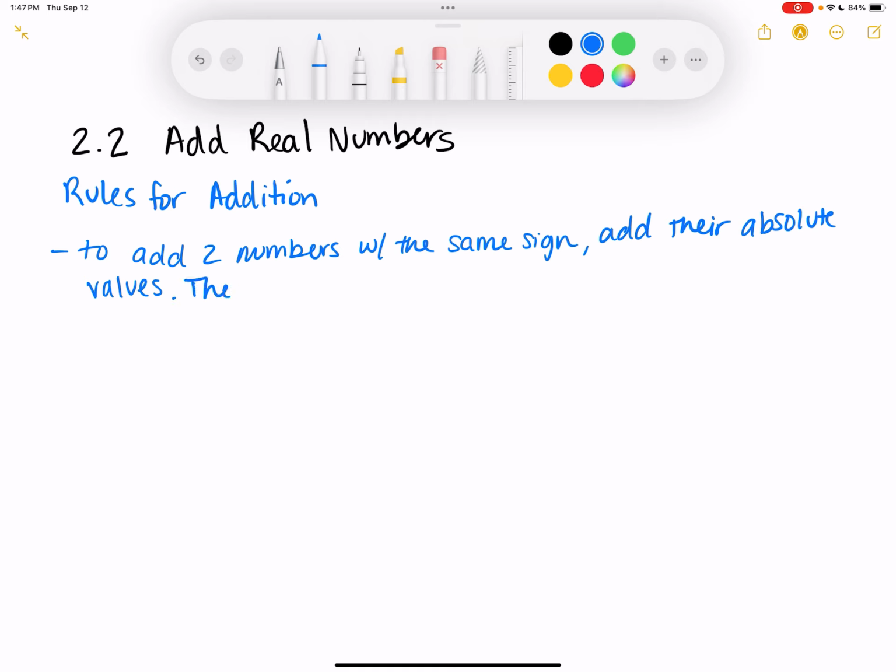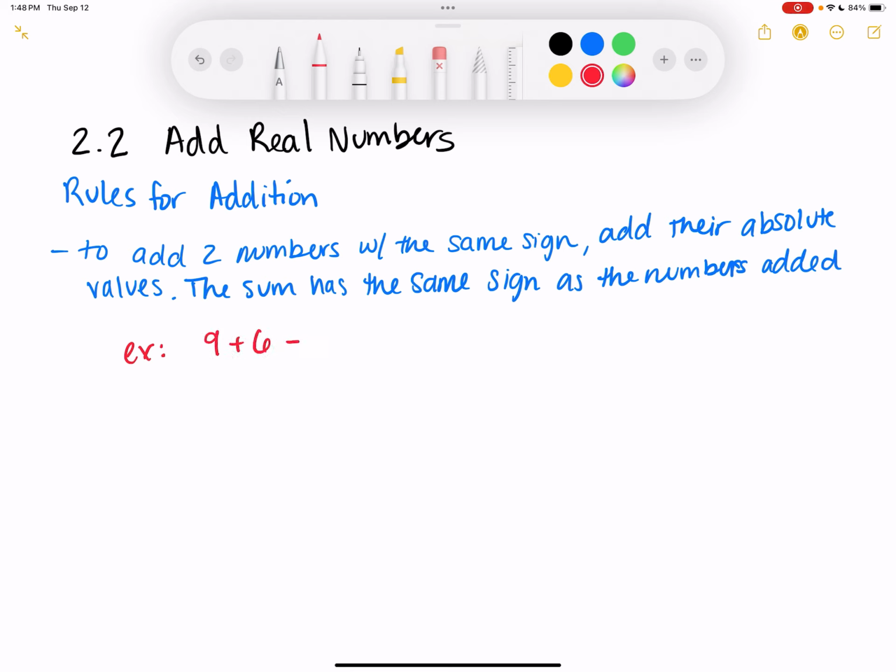The sum has the same sign as the numbers added. So what I mean by that is if I had something like 9 plus 6, that is equal to what? 15. So both of these were positive numbers. I added them together, and so the answer is positive.